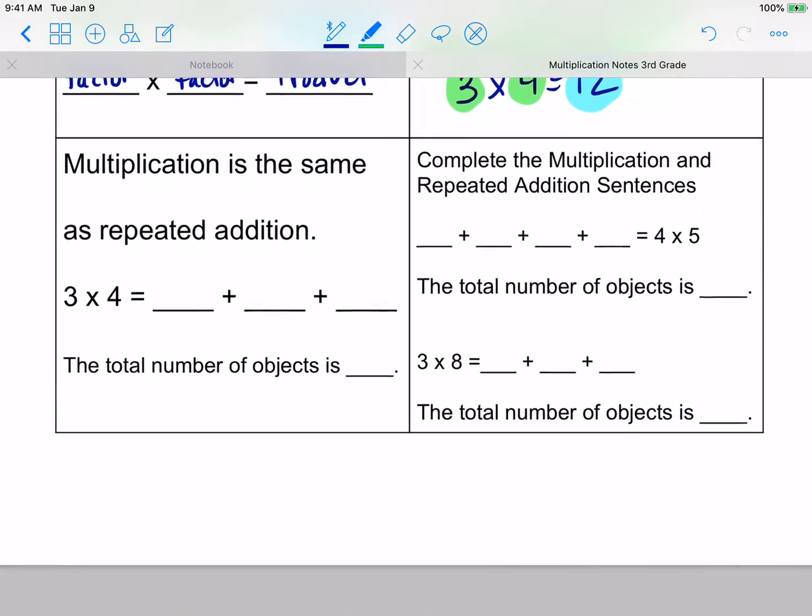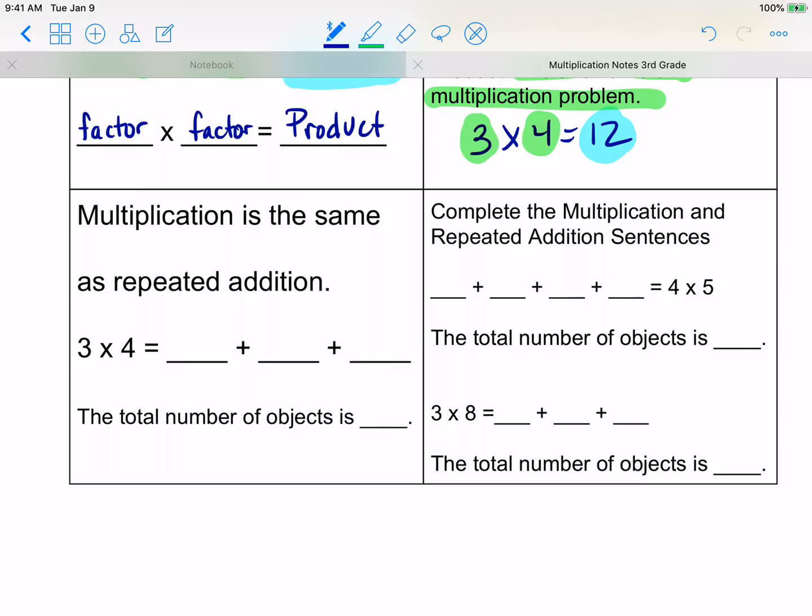And then quickly, to finish up this sheet, I'm telling you, multiplication is the same as repeated addition. We did this in 2nd grade. We know that 3 times 4 means there's 3 groups and 4 objects in each group, and it can go the other way around. Multiplication is like addition. You can flip-flop your numbers, but in this case, we want to read it this way first. So there's 3 groups and 4 objects in each group.